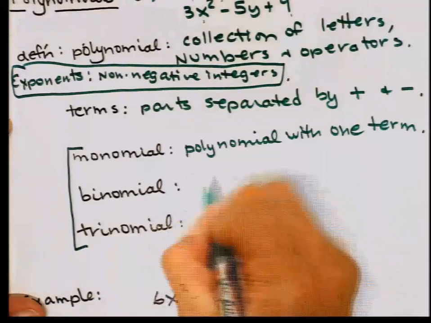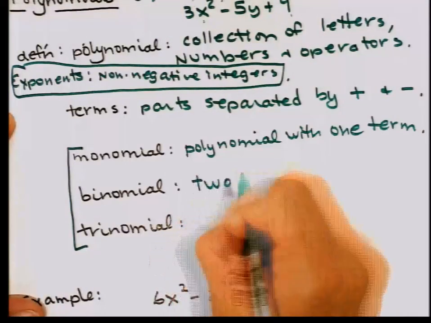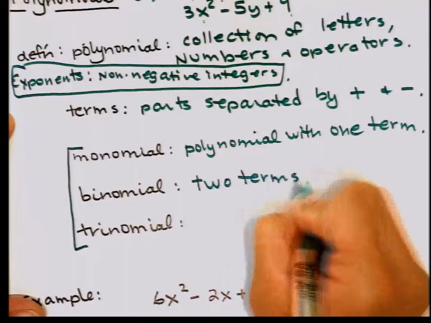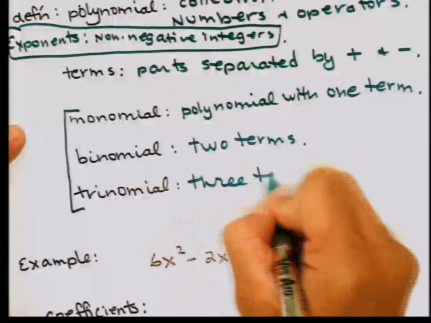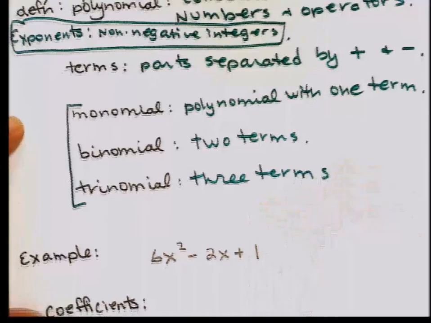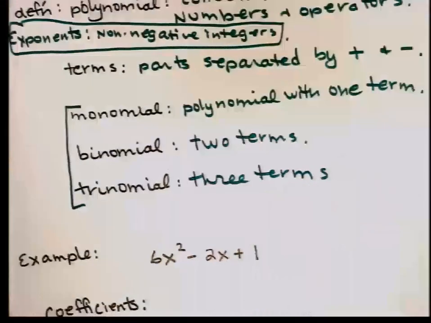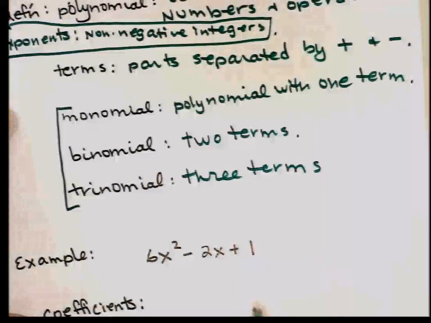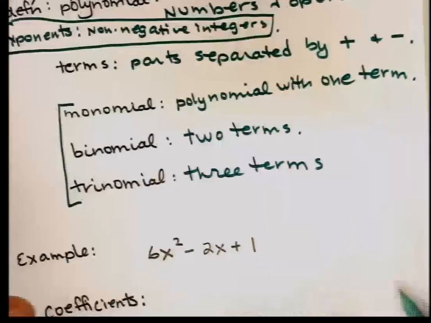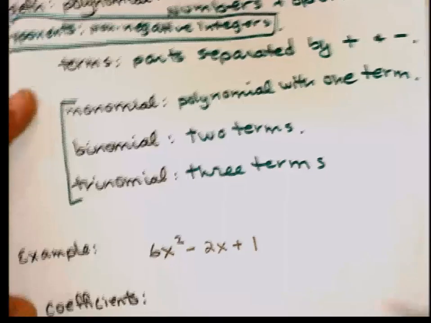So I'm not going to write that whole thing. Two terms. Exactly. Three terms. You got it. Okay, and after three terms, we don't give them any special name. They're just called generic polynomials. Okay? And in fact, all three of these can also just be called generic polynomial. Just sometimes I'll talk about trinomials, binomials, and monomials, and I'll need you to know what I'm talking about.